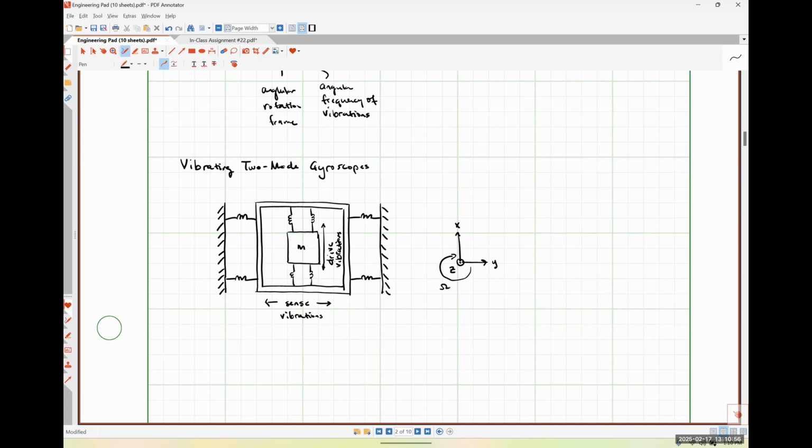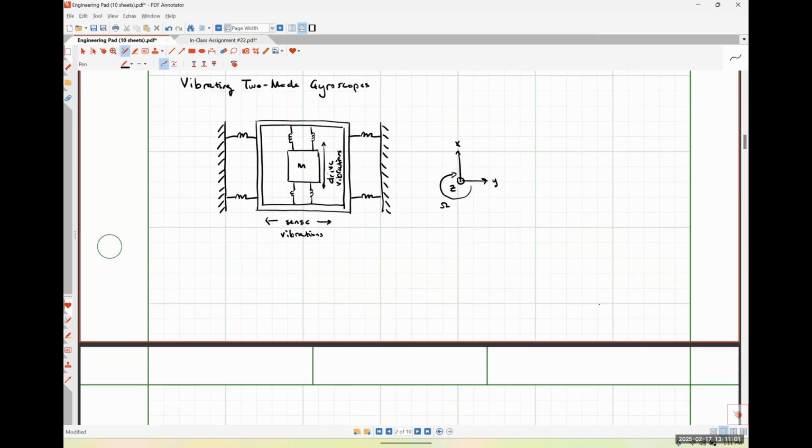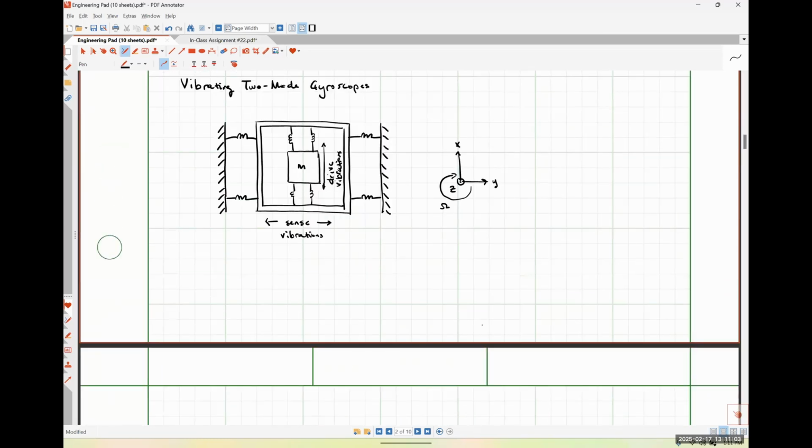All right, so here's a graphical representation. Now let's talk about what's going to go on here.